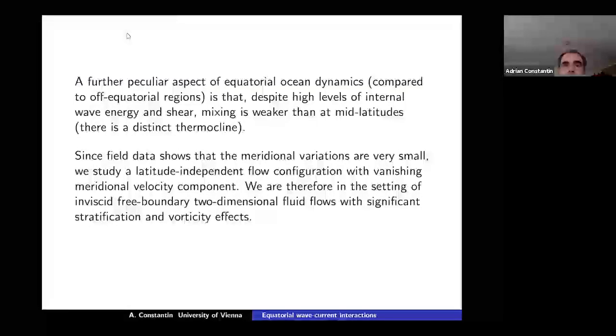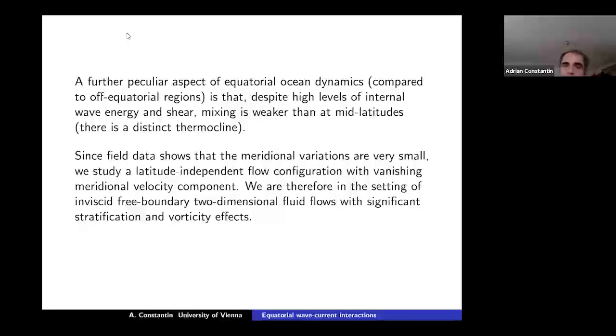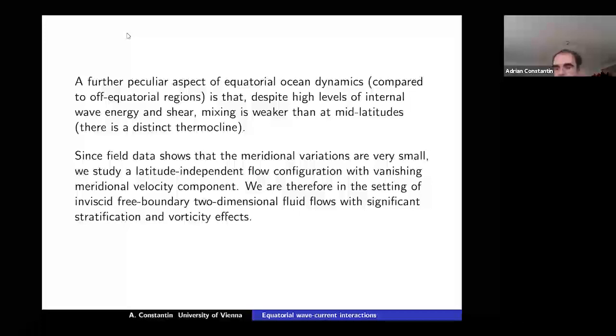And right, so the fact that there is a thermocline, so the fact that there is this clear stratification, is specific to the equator. This is quite rare in other places. And the velocity component, so it's reasonable, if you look at the data, to take an inviscid, free boundary, two-dimensional fluid flow with stratification and vorticity effects.